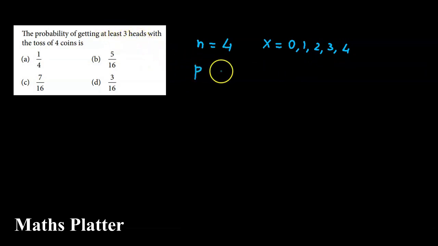So suppose p is probability of getting head in a single toss, तो p हो जाएगा half. So q, that is probability of failure, this will also be equal to half. हमें पूछा गया है probability of at least 3 heads यानी 3 heads या फिर 4 heads.